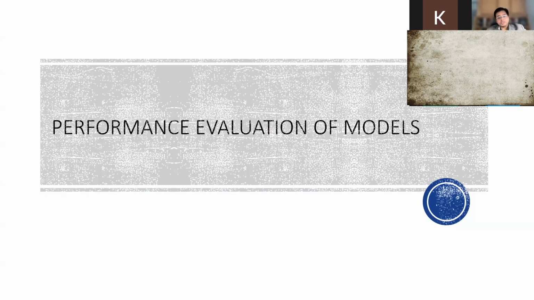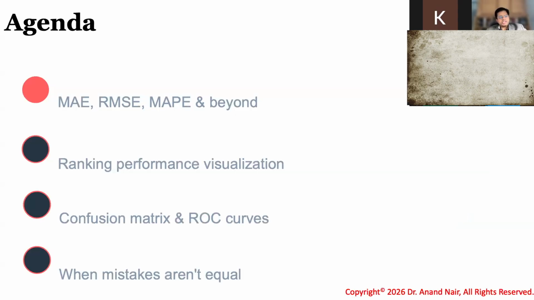We understand it with respect to other options, but also with respect to the data that it's working on, how much error it has. So this would be the agenda. We'll look at the mean absolute error, root mean squared error, mean absolute percentage error, etc. There are different types of metrics that we typically use for understanding performance.